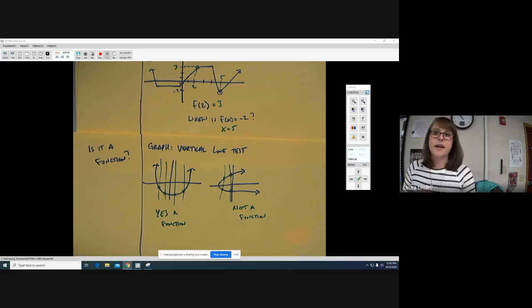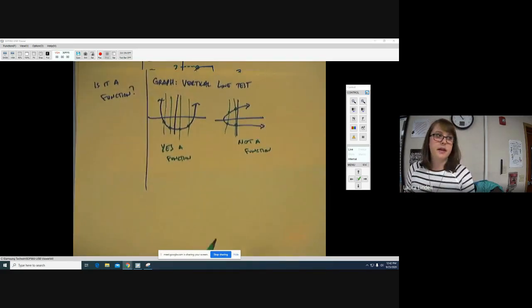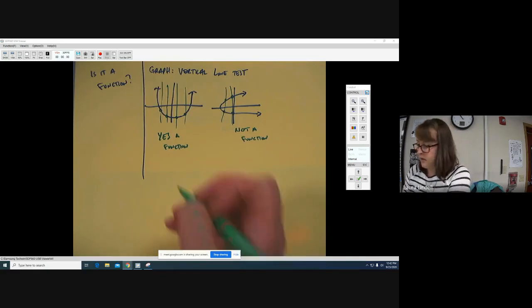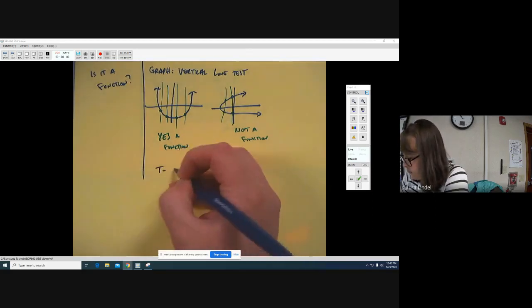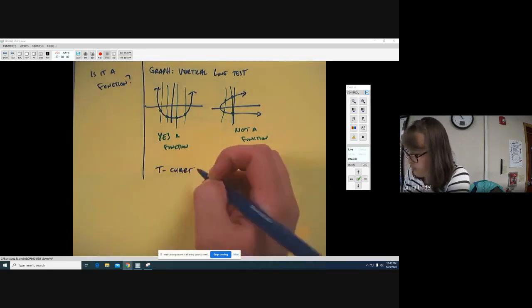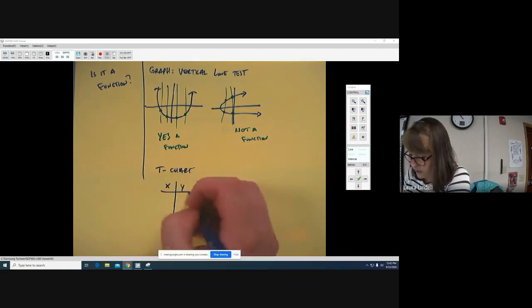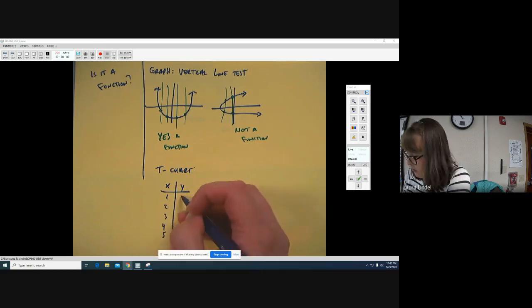If you're just given a chart or something like that, you can also tell, but you wouldn't use the vertical line test. Or I mean, I guess you could if you plotted all of the points, but you don't have to. What you can do is, for a chart, let's say we've got X values and Y values going 1, 2, 3, 4, 5.